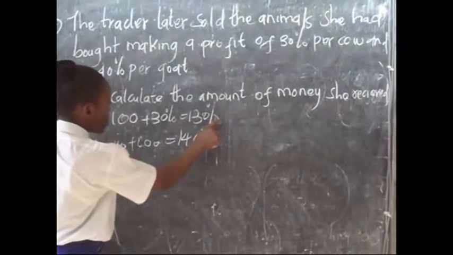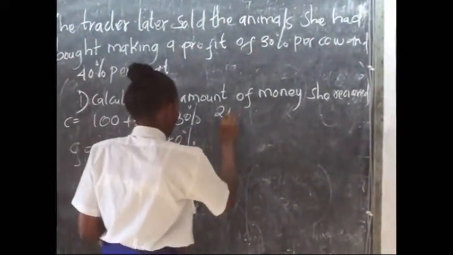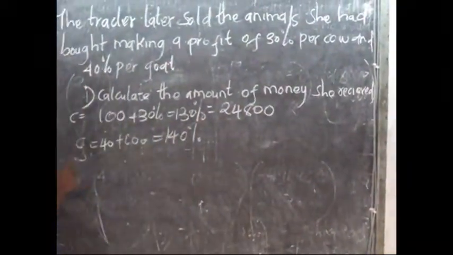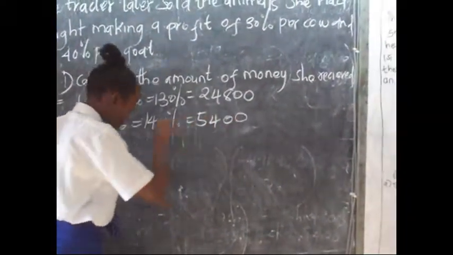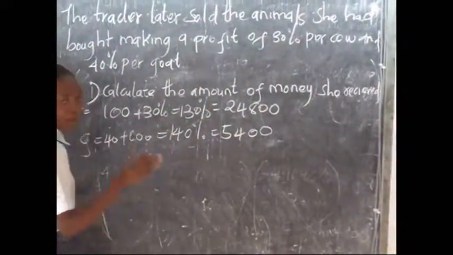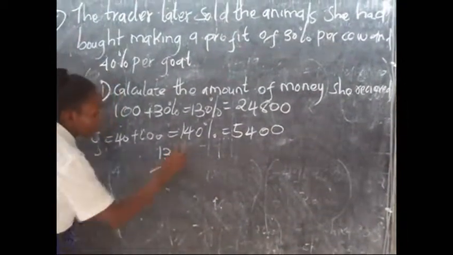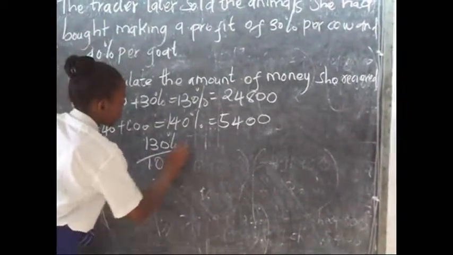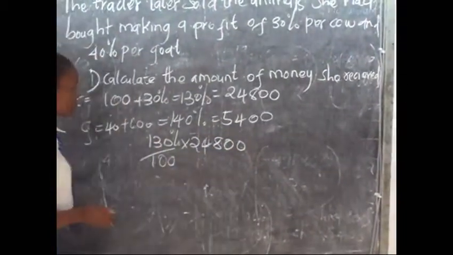The amount of money she had before the increase was 24,800 for the cow, and the amount of money this person had before the increase for the goat was 5,400. So we are going to have the increase in percentage, whereby we are going to have 130 over 100 times 24,800.